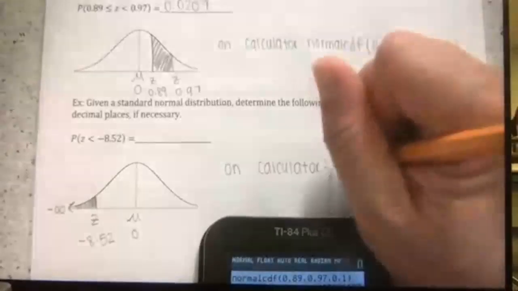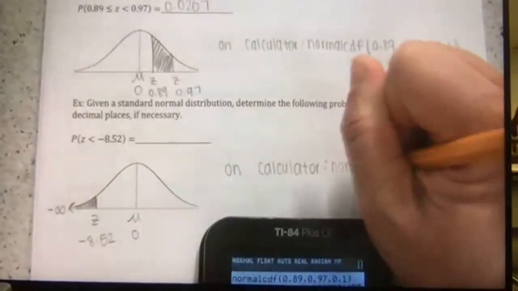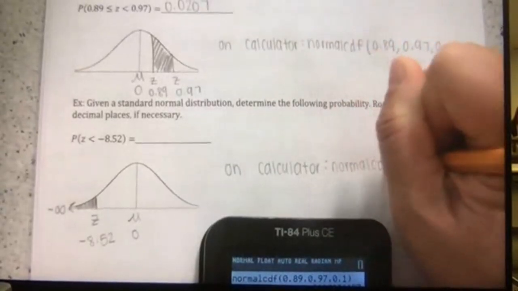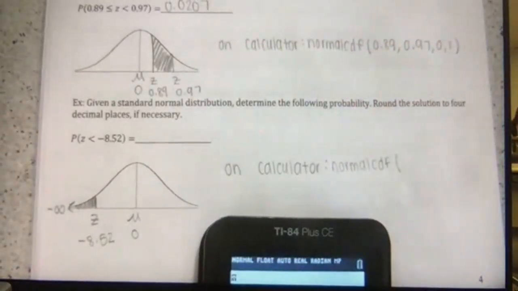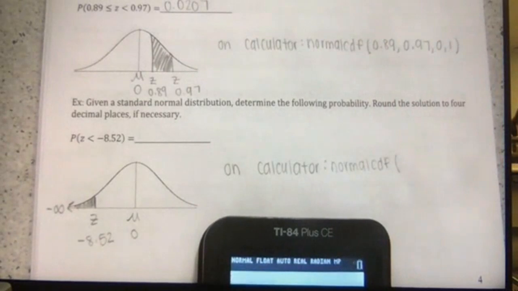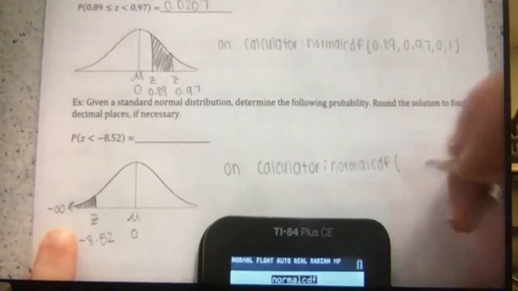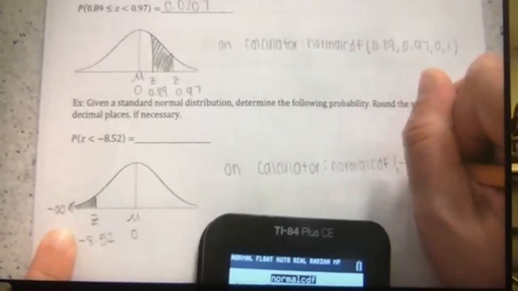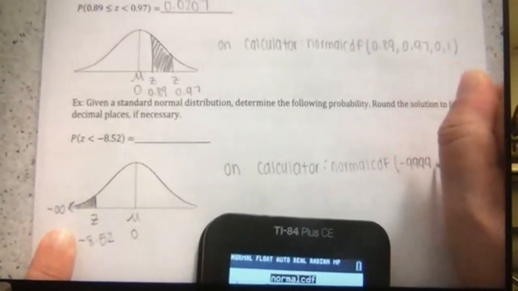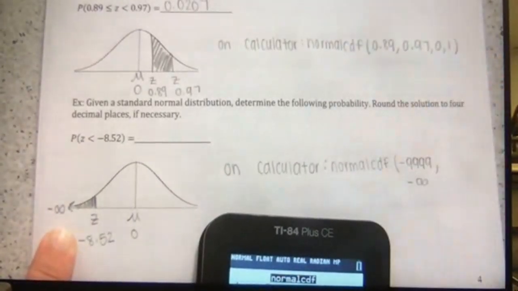So on our calculator, we're still going to do normal CDF. So second VARs, normal CDF. Our lower limit, looking at our graph on the left-hand side, it's going to go on forever towards negative infinity. So negative 99999, a handful of nines to represent negative infinity.